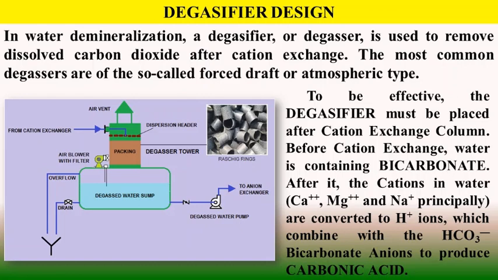The most common degassers are the forced draft or atmospheric type arrangements, and the degasser must be placed after the cation exchange column, because before cation exchange the water contains bicarbonate. Only after it are the cations in water converted into hydrogen ions, which combine with the bicarbonate anions to produce carbonic acid.